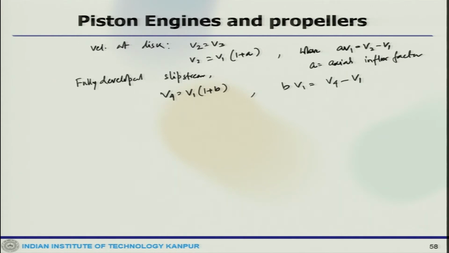So, that is the increase in velocity there, and b is called the slipstream factor. So, what we get is that a is (V2 minus V1) by V1, and b is (V4 minus V1) by V1.